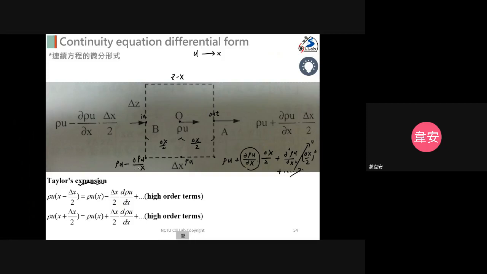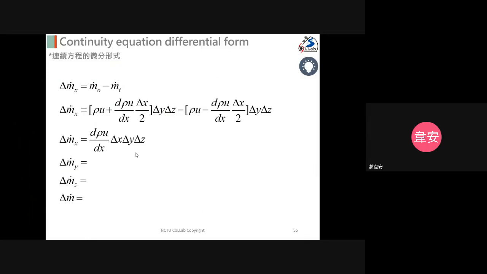Because the Δx over 2 is toward the left-hand side, in the negative direction. So we have the right-hand side ρu value and the left-hand side ρu value, and we can go back to the continuity equation.